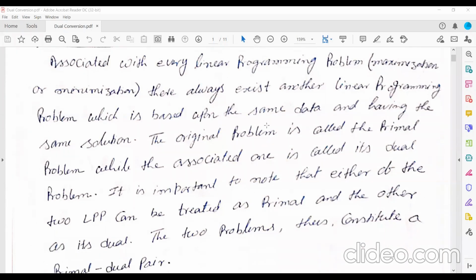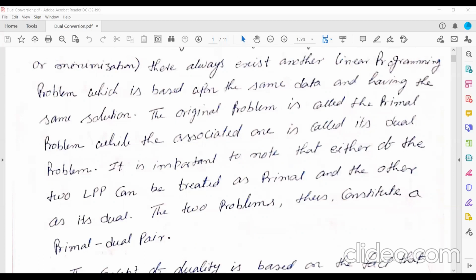So the original problem is called the primal problem, while the associated one is called its dual. That means from the original linear programming problem, whatever new linear programming problem you construct or derive is called your dual problem.